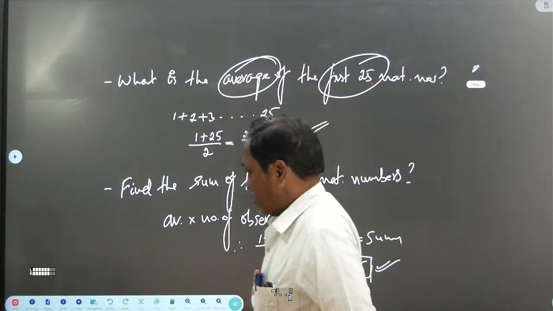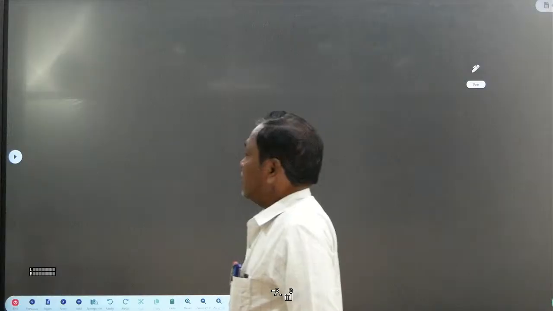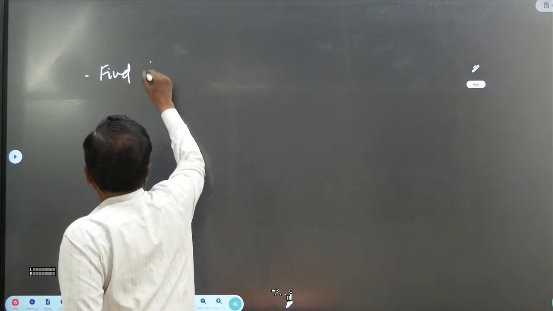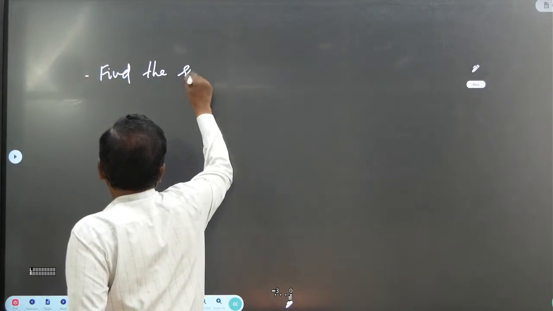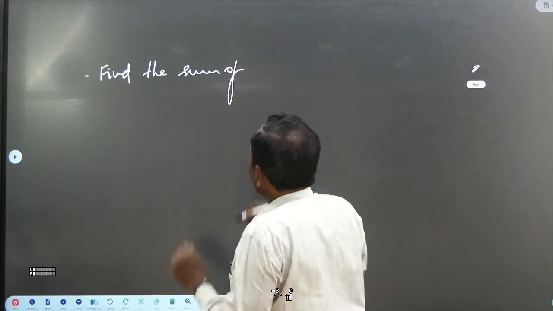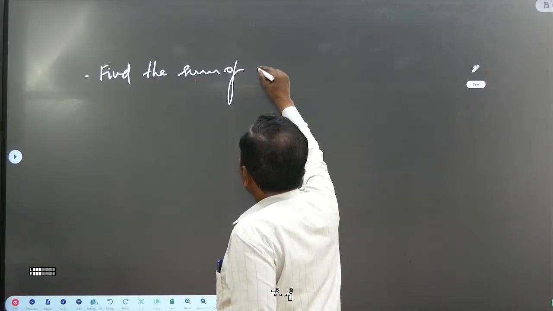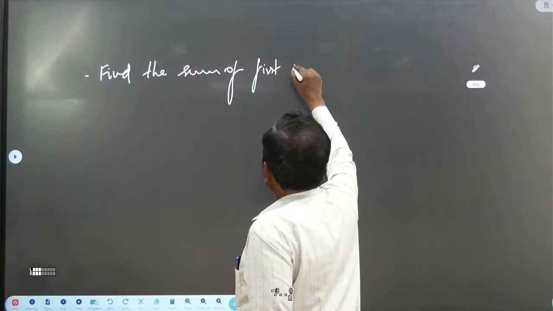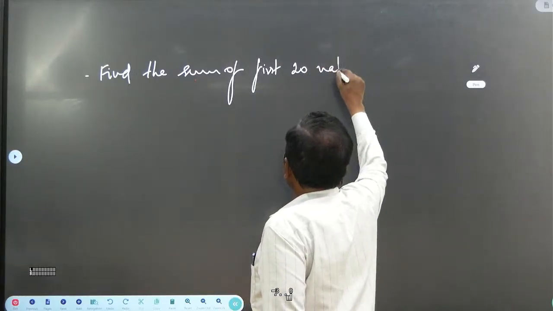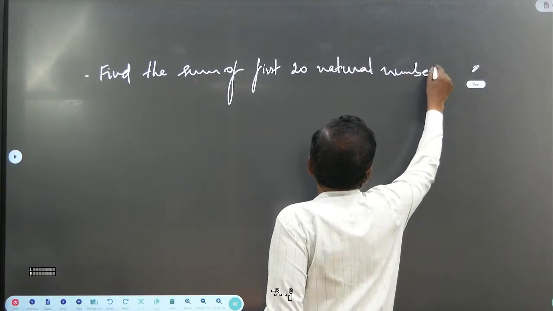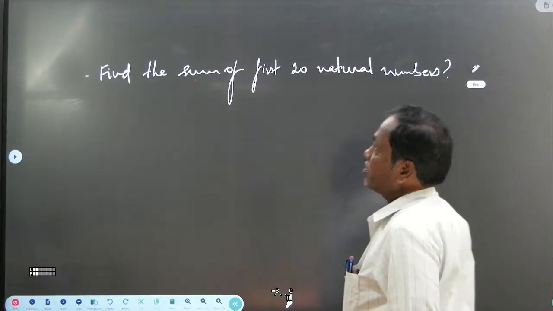Okay, and next you can see: find the sum of the first 20 natural numbers. Right. Do it now.